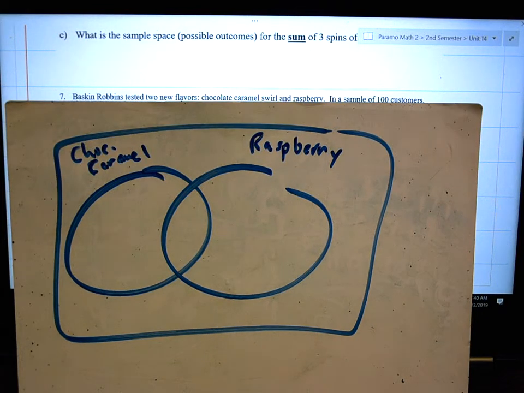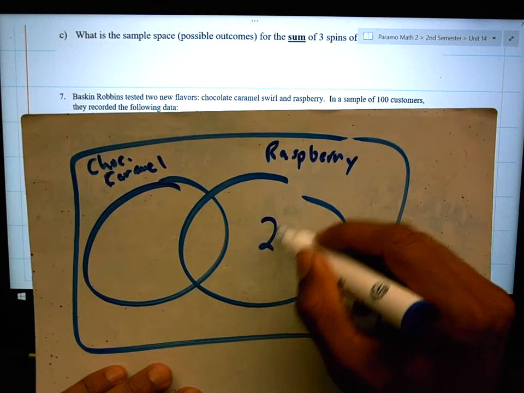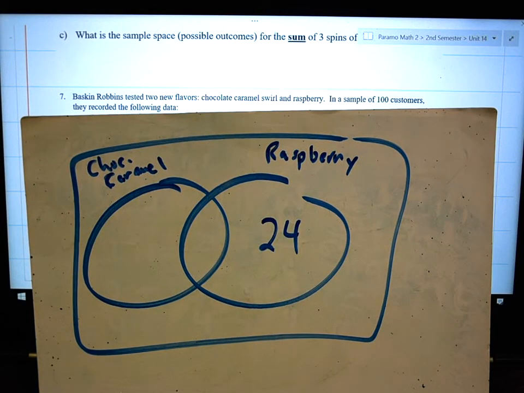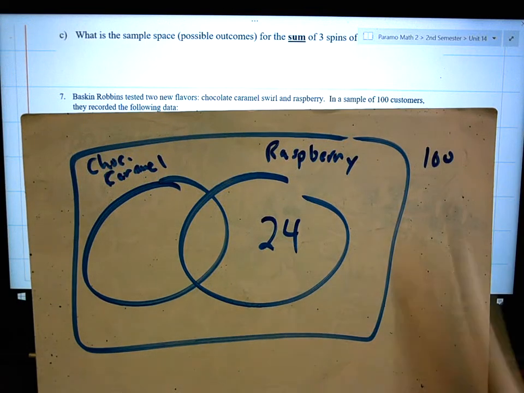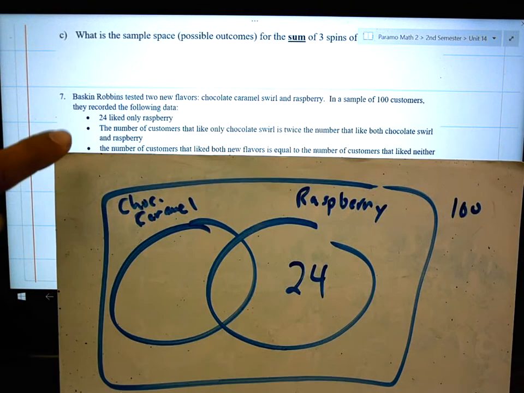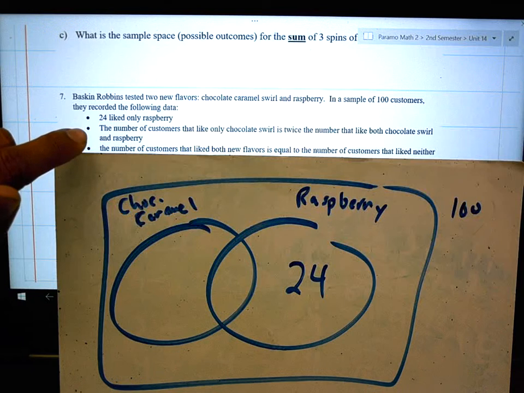But here's what we know. 24 people only like raspberry. 24 goes there. We know that there is a total of 100 people who took this survey. The number of customers that liked only chocolate swirl is twice the number that liked both chocolate swirl and raspberry.